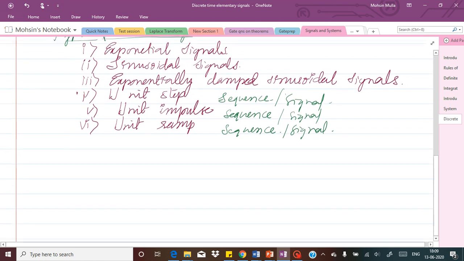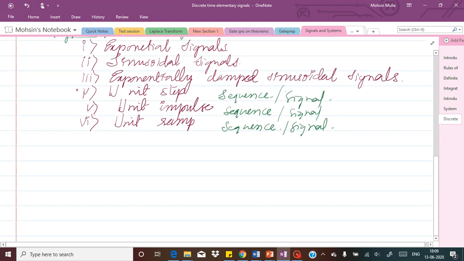Now let us first write the discrete time exponential signal or sequence.